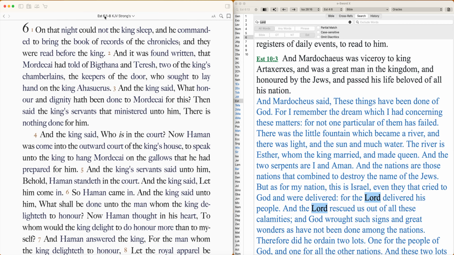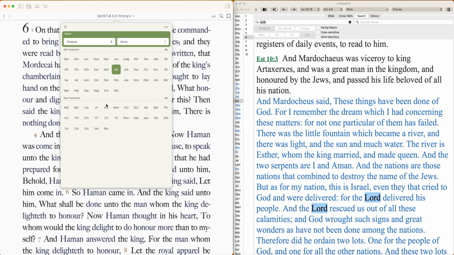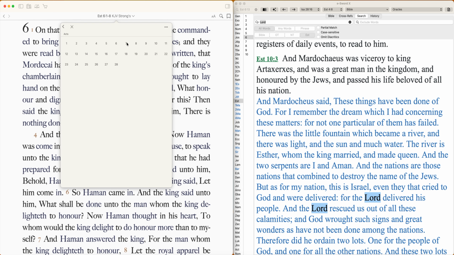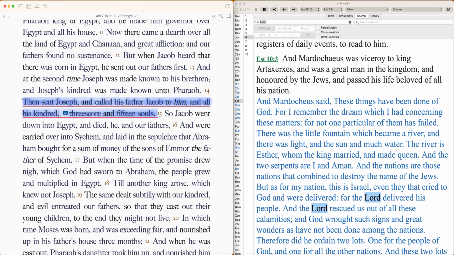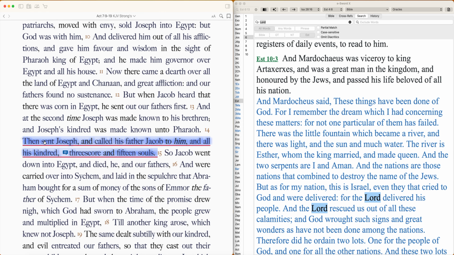that really do matter. I mean, you can go into, let's just say, Acts chapter 7, Acts 7:14. Stephen, when he was preaching, mentioned something here. It says, then Joseph called his father Jacob to him and his kindred, 70 and 15. This is what Stephen said about the patriarchs, about the fathers that came out of Egypt.